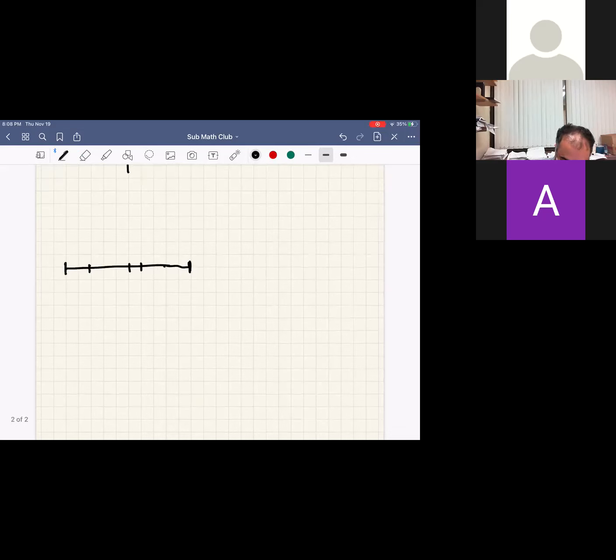So the name "interval" obviously came from this division of the interval into sub-intervals. But what do we mean by exchange? I label these sub-intervals 1, 2, 3, and 4.